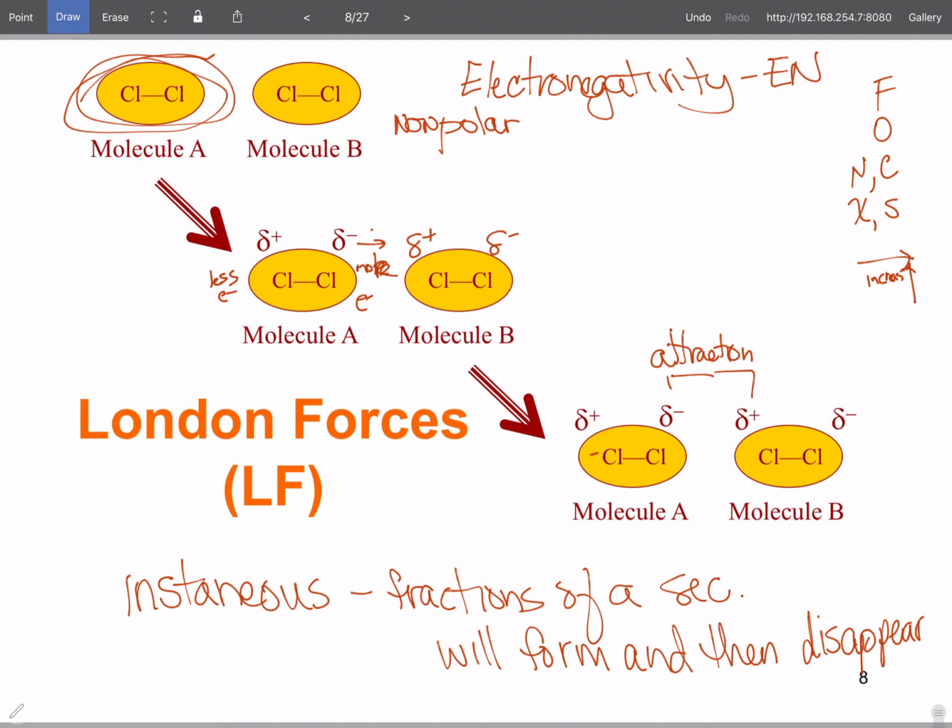So a good wave that's done around a stadium, and if you've never seen one of these, you can Google it. But a good wave going around a stadium is very much what London forces look like, except infinitesimally faster. The wave in a stadium is very slow and low. So basically you have this uneven distribution and then it levels out, and it causes interaction as it goes.